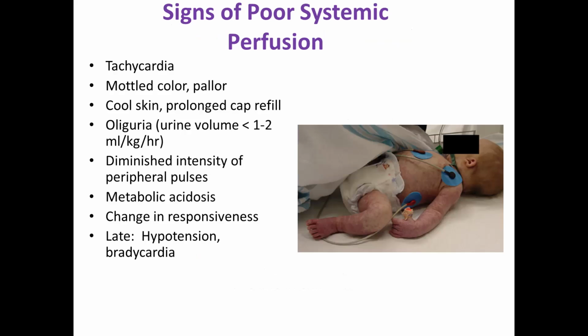So what are the signs of poor perfusion, or in other words, that the patient could potentially be in septic shock? Tachycardia, mottled color. This picture is a demonstration of what mottled color can look like. This is quite a profoundly mottled infant.